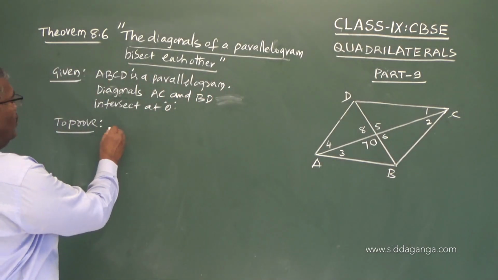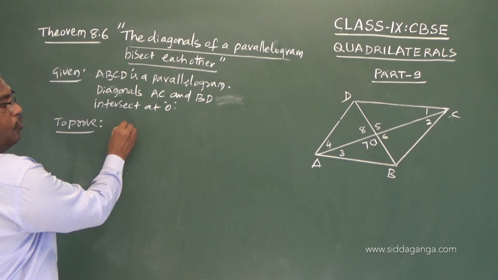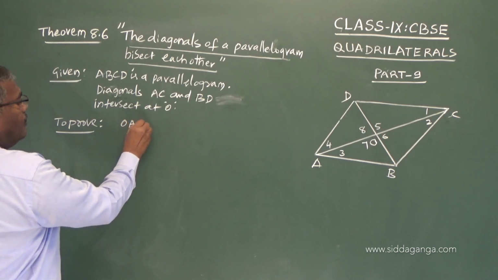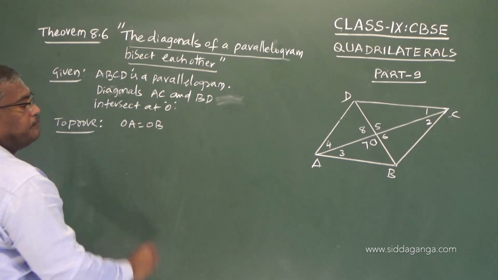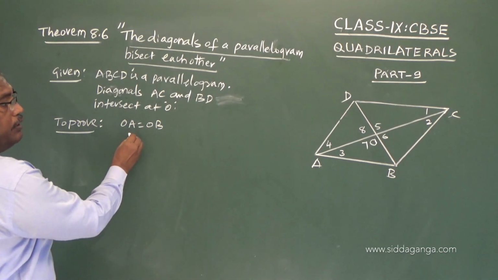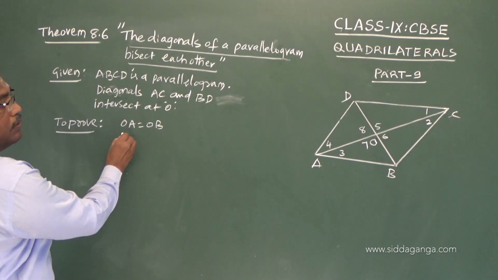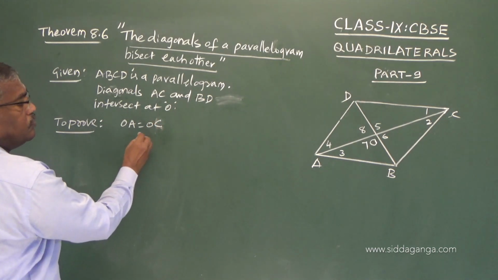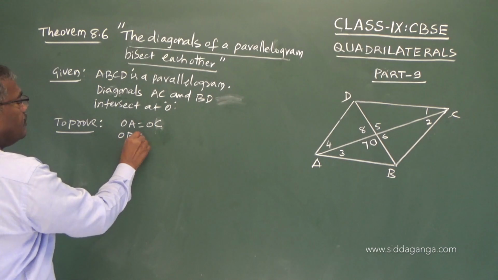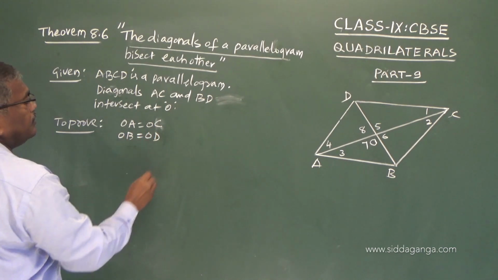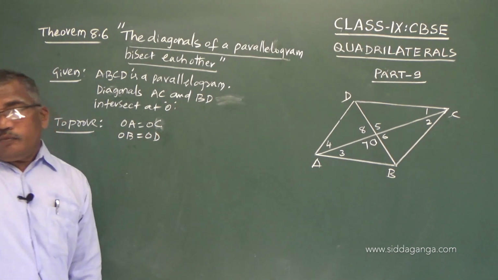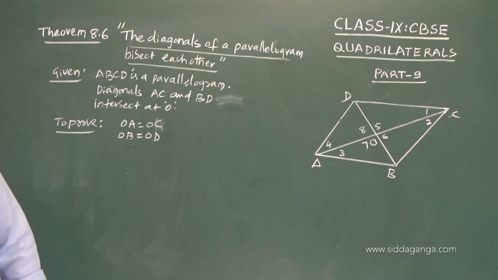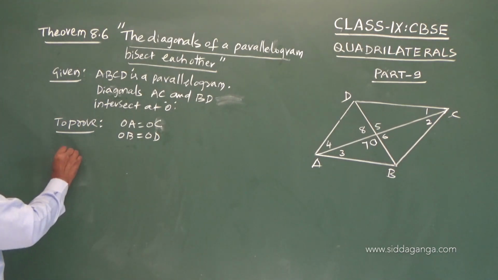That means we have to prove OA equals OC and OB equals OD. Proof.